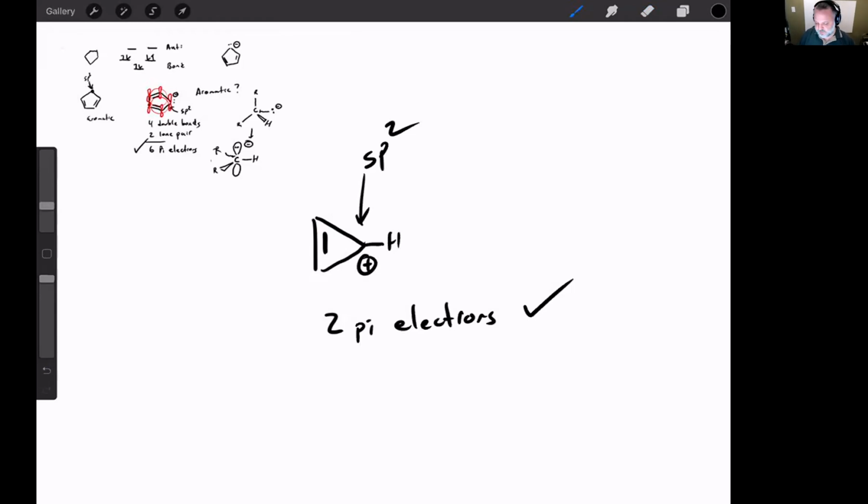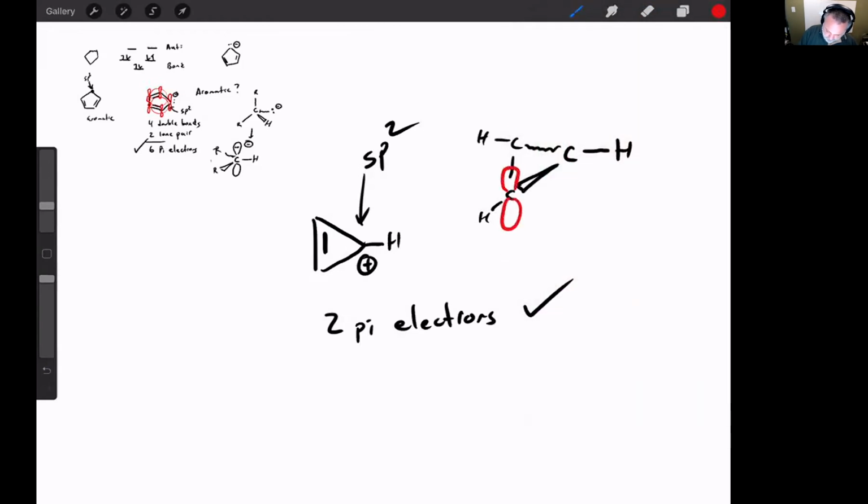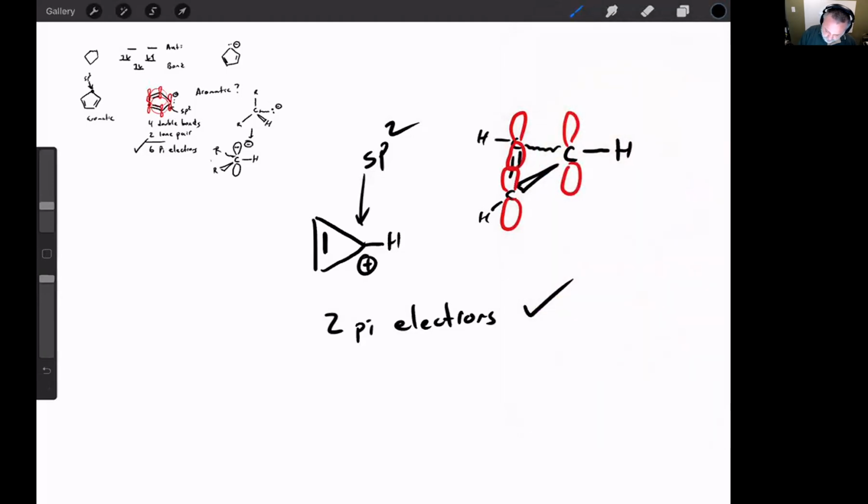Cations are sp2 hybridized. So now we get into this same situation. I have a carbon that is positively charged, and I have a set of unhybridized p orbitals that exist in a ring, and there are, because of the double bond, 2 pi electrons. So this structure is aromatic.